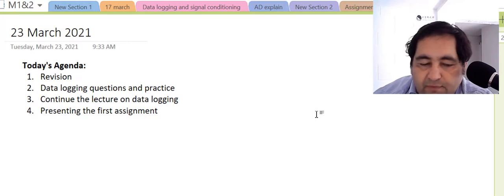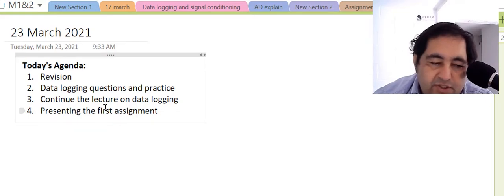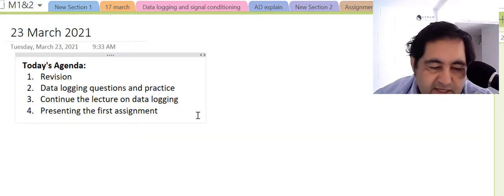So first we're going to have a revision. After the revision, we talk about the data logging questions and practice them. Then we continue the lecture on data logging. And after that, I will present the first assignment that you need to do for this course. We have a tab for assignments, so we'll discuss that today.